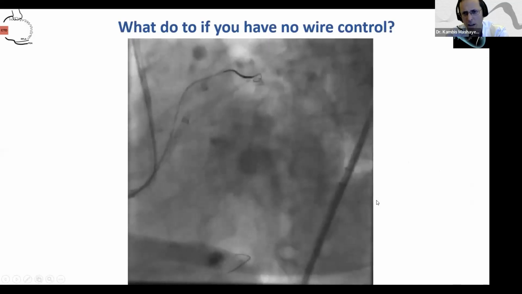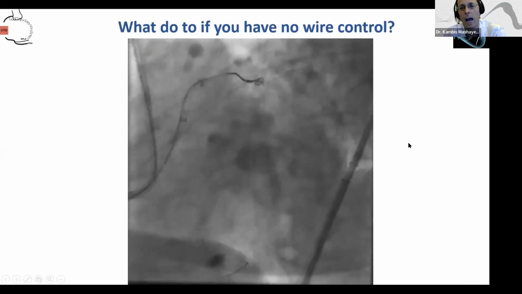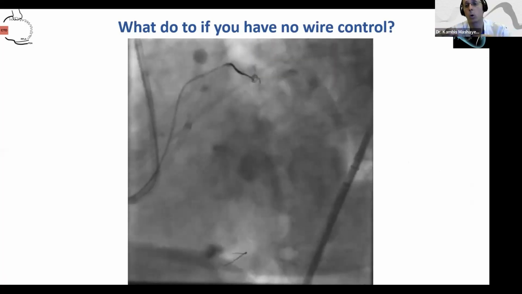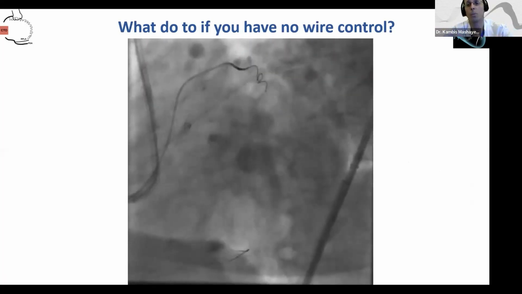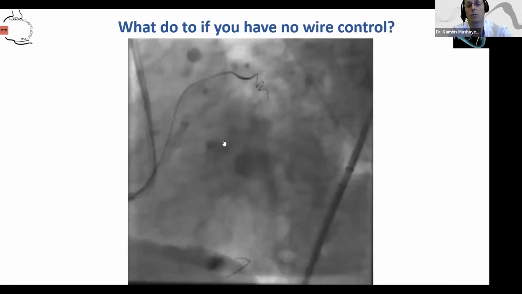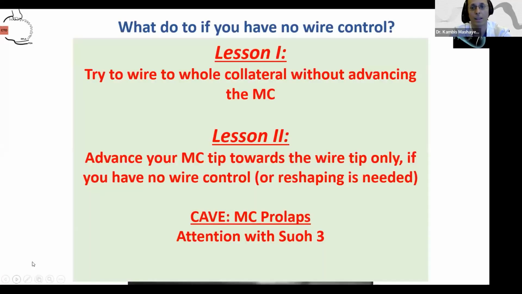What I did here was a high risk passage, because after several rotations, the Sion Black wire was not able to rotate anymore in the tortuosity. Therefore, you have to go very close with your Corsair, and when you go so close to the tip, the risk is increasing dramatically.